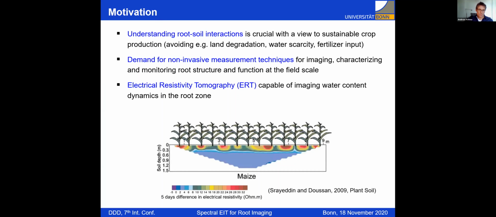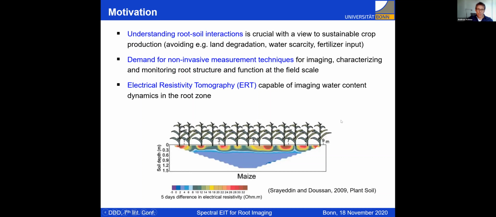One example is shown here, electrical resistivity tomography, work that Nimrod also cited, which shows that we are able to delineate zones of root water uptake through the effect of the changing water content on the electrical resistivity.